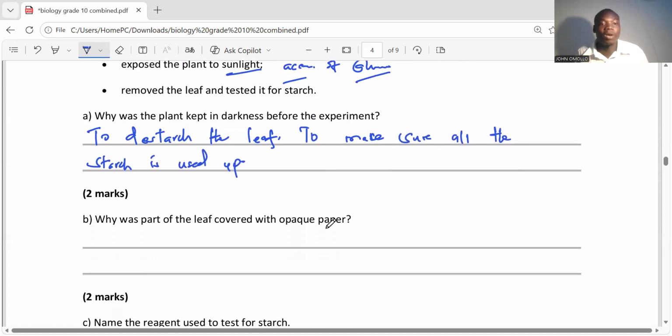Question 2, B. Why was the part of the leaf covered with opaque paper? To prevent entry of light. Remember, opaque does not allow light to pass through.